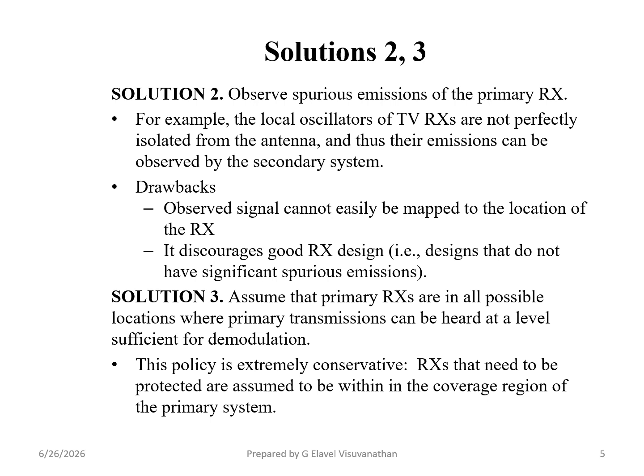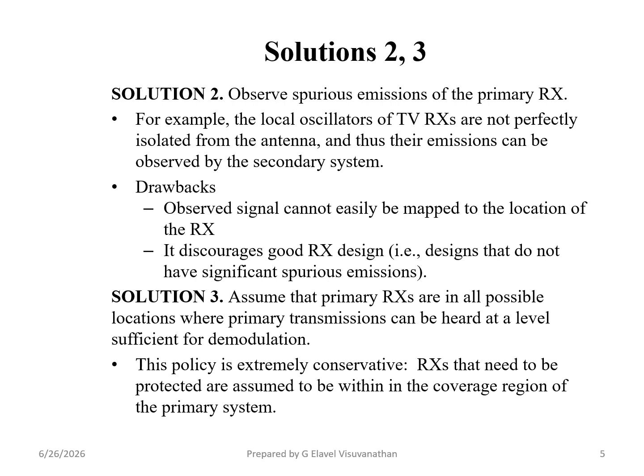So even though we use a local oscillator in the TV receiver, which is not perfectly isolated from the antenna, it can be observed by the secondary system. So that was the solution.